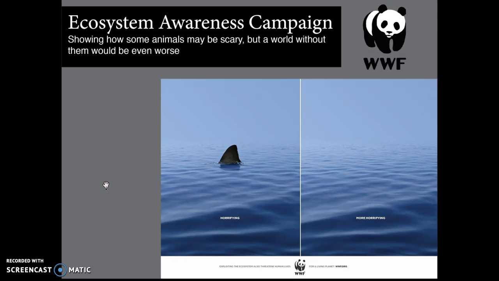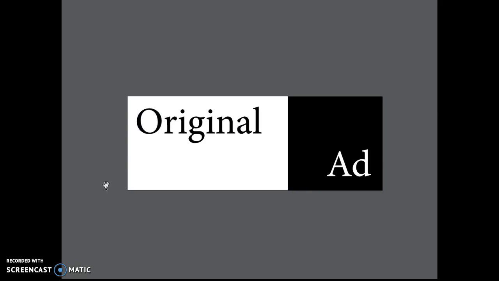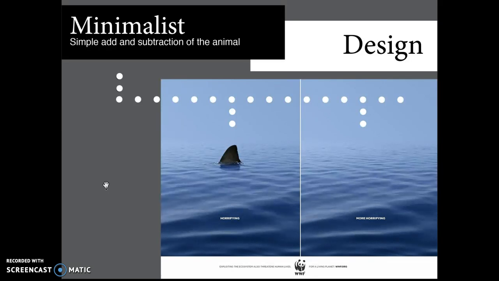Now let's take a look at some of these design principles and elements used to make our ad so good. As you can see, the ad uses a very minimalist style to capture the viewer's attention. We have a simple side-by-side view of the same photo, one with the animal and one without the animal.